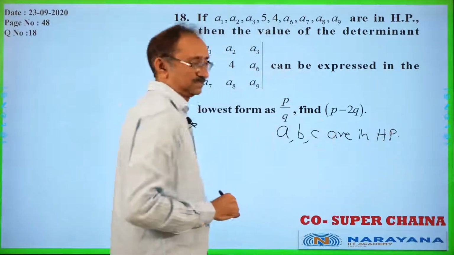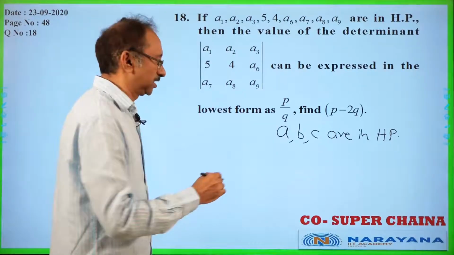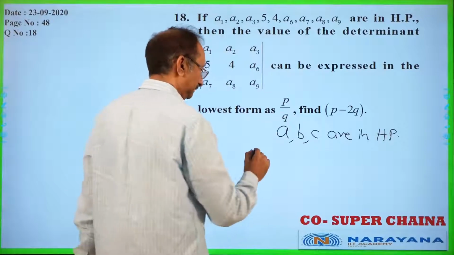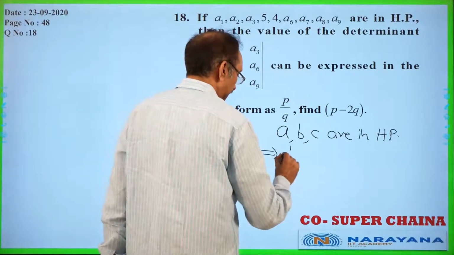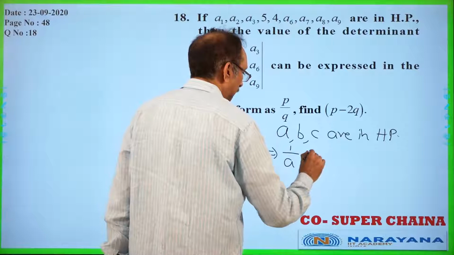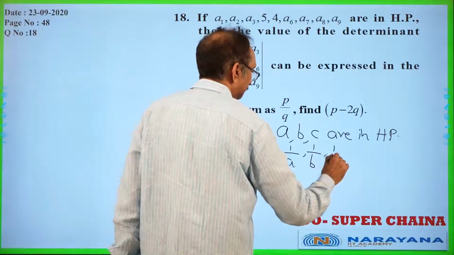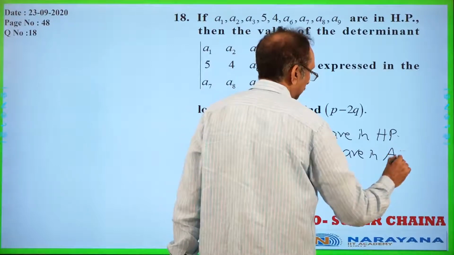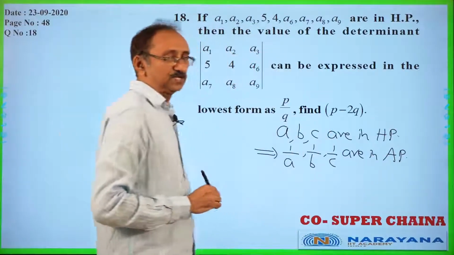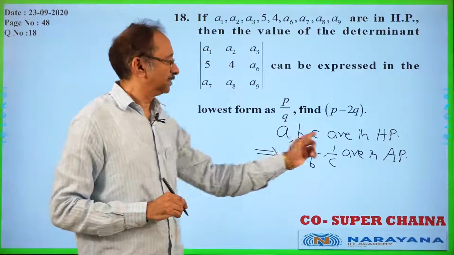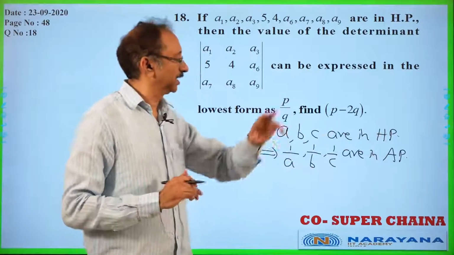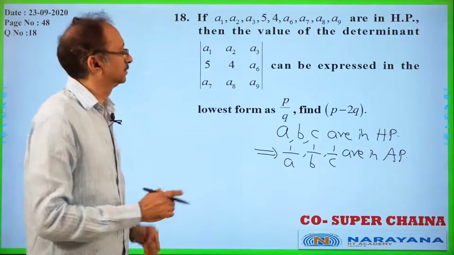When you say that 3 or more numbers are in harmonic progression, then their reciprocals are in AP. So this is the definition. If some numbers are in harmonic progression, that means their reciprocals are in arithmetic progression.